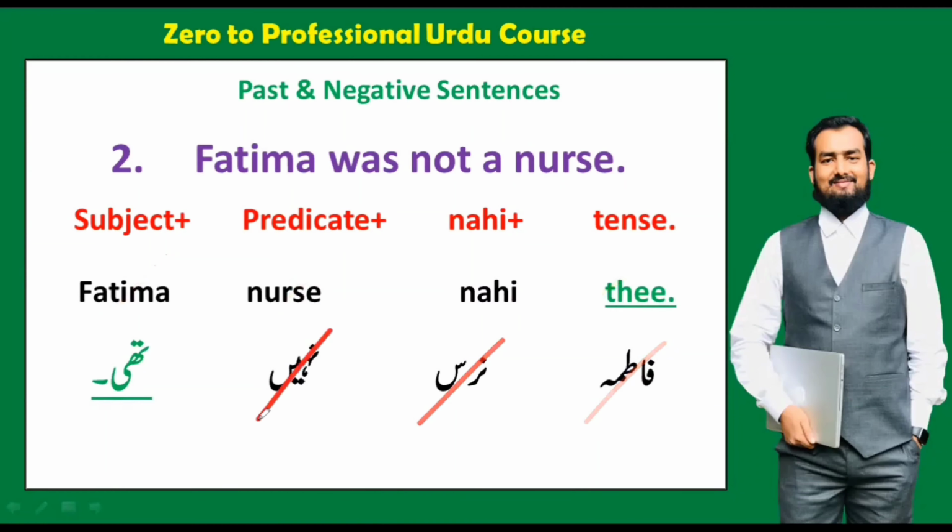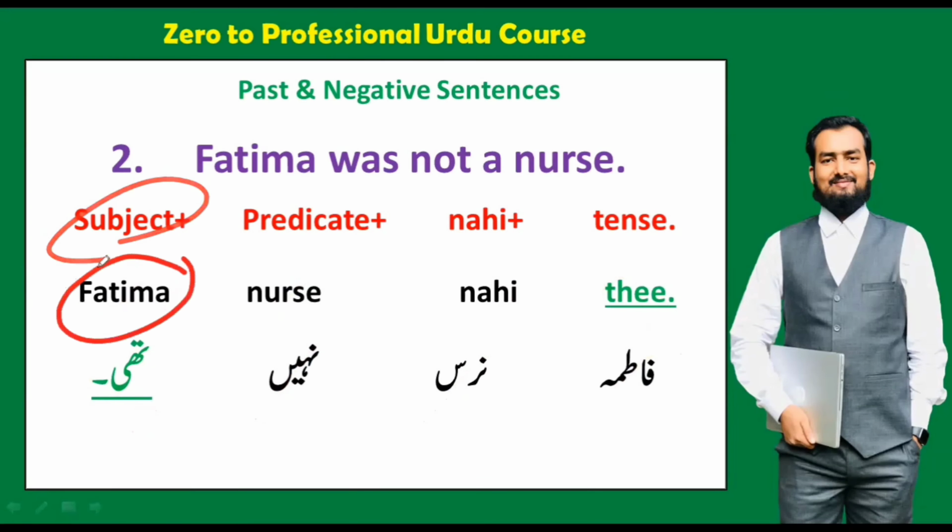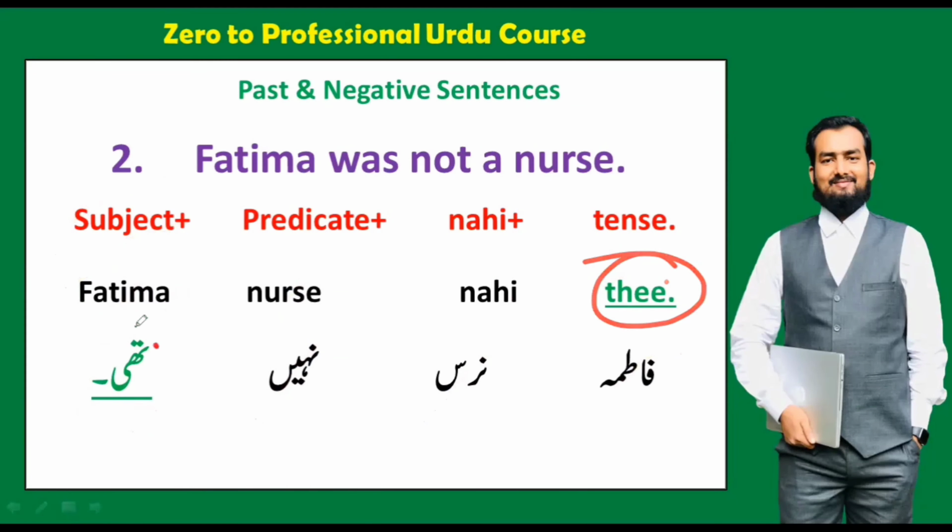Fatima nurse nahi thi. Here we have used thi. Why? Because Fatima is female, and we have learned in the grammar part that when subject is female singular, in this case for past we will use thi. And here we did not give respect.